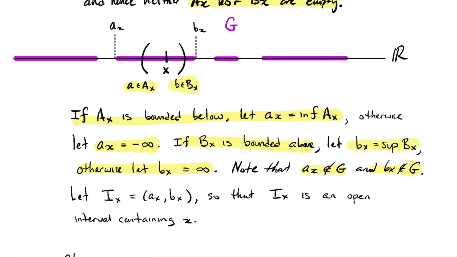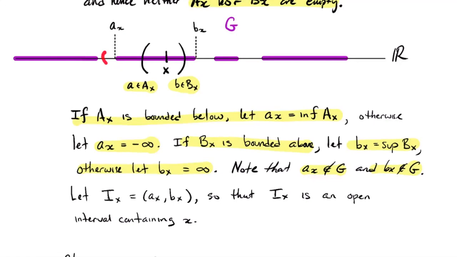So let me just do it with a laser pointer. Why can't little a sub X belong to G? Here I've indicated where a sub X would be in my picture. It looks like capital A sub X is bounded below, so this would be the infimum of that set capital A sub X. And if that element a sub X belonged to G, well, G is an open set.